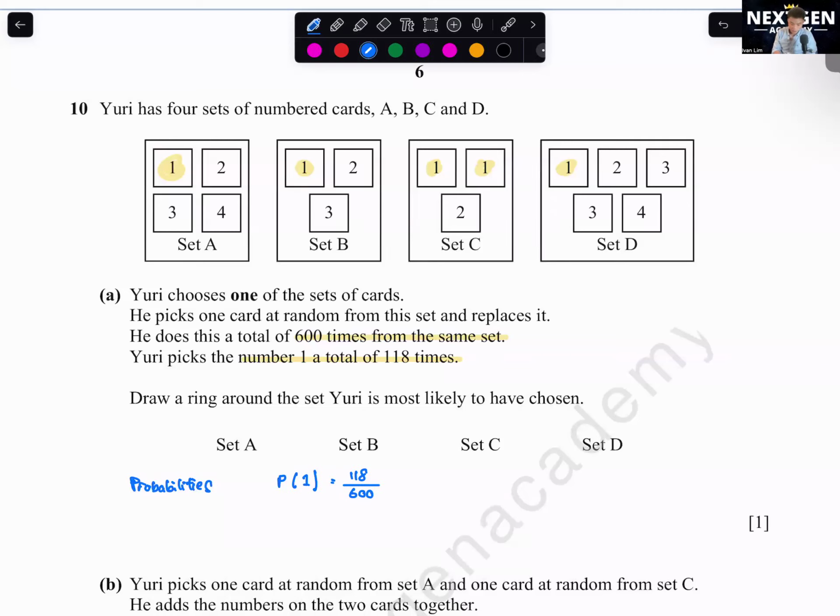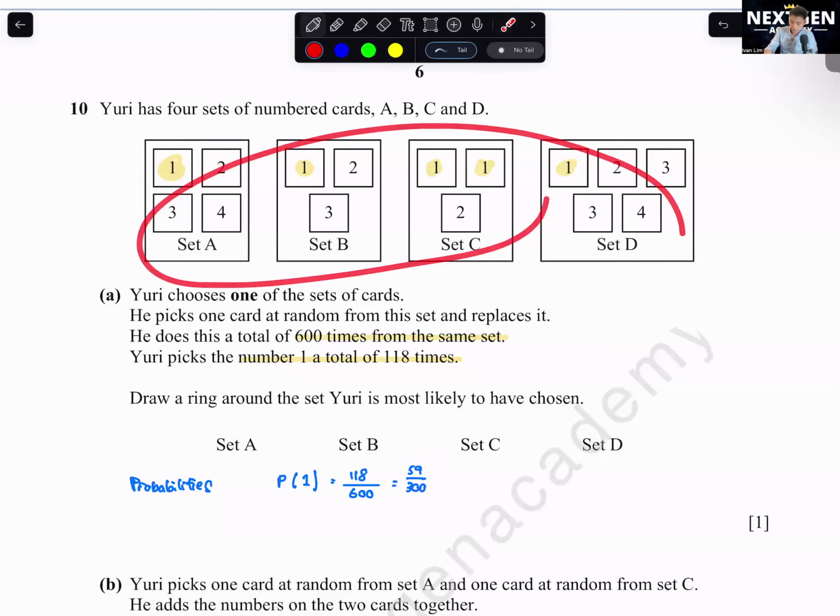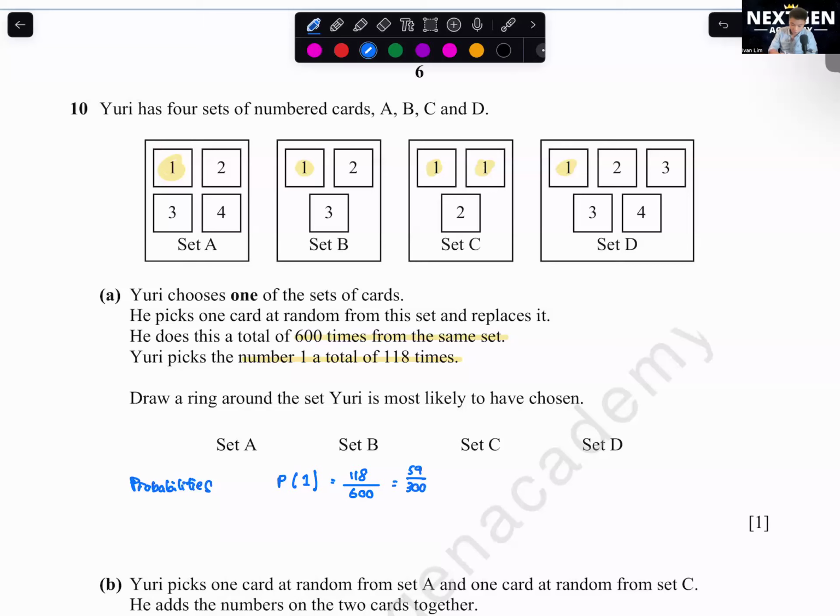If you are using the EX calculator, it will give you 59 over 300. But 59 over 300 is very hard to compare with the values here because you don't have 300 cards over here. So we will change it to 0.197. Not 0.2. Try not to round off so much first, because we want three significant figures.